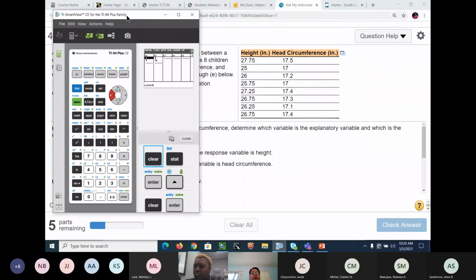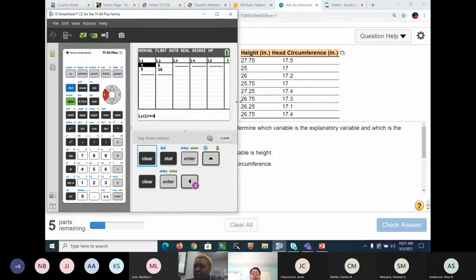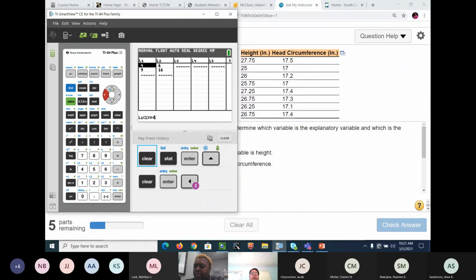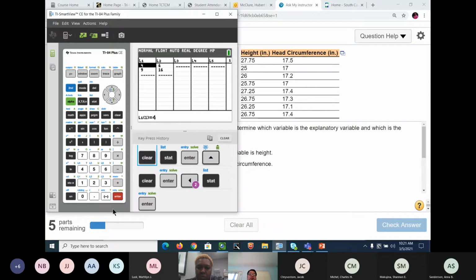Yeah, good. I can type them in, and then y'all can look at it after I make it bigger. Stat, edit, and then calculator. Nope, then linear. Right, Stat. Hit Stat. Edit. There you go. That's it.